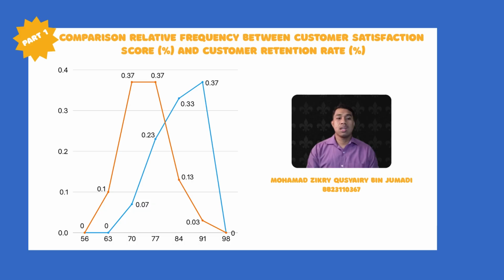This tells us something important. While satisfaction is definitely related to retention, it is not the only factor. Things like brand loyalty, convenience, long-term contracts, or even the lack of a better alternative might keep customers around, even when their satisfaction is not at its peak.